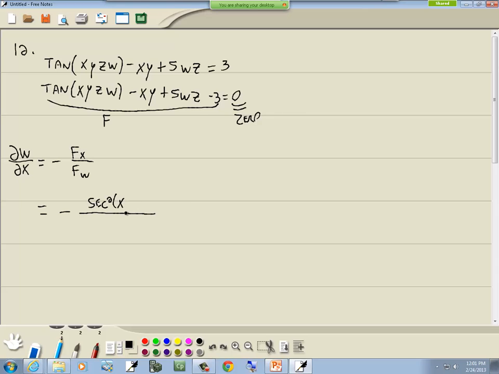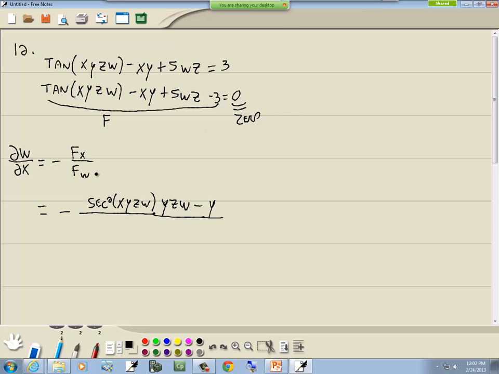Then we'll have xyzw times the derivative of what's inside the parentheses with respect to x. So y, z, and w are constants, and the derivative of x is 1, so that gives us yzw. Minus y. Again, I'm taking the partial with respect to x, so the y is a constant, and the derivative of x is 1. This doesn't have an x, so it drops away. This doesn't have an x, so, well, it's a number, so it drops away anyway.